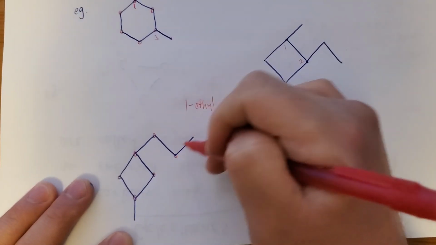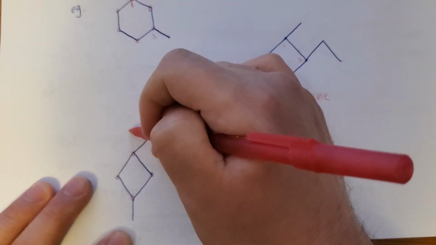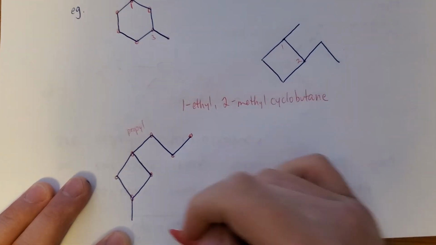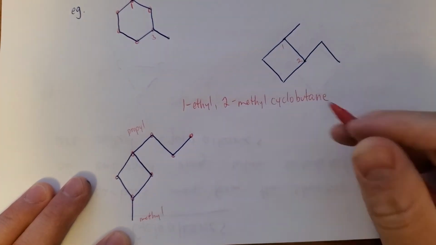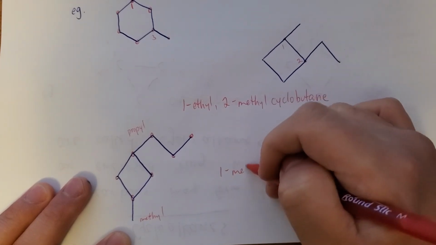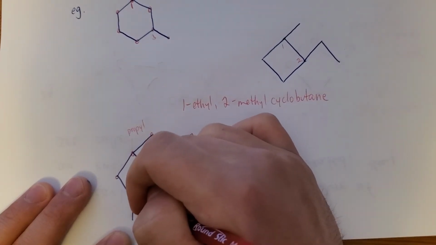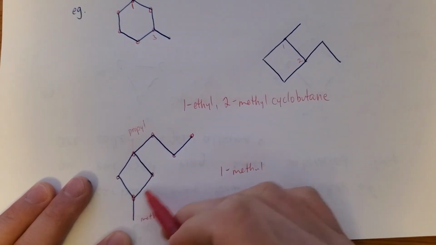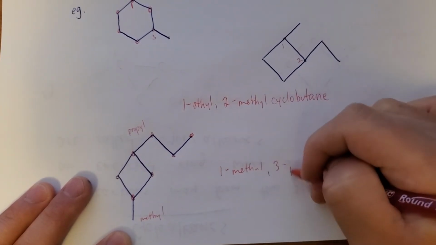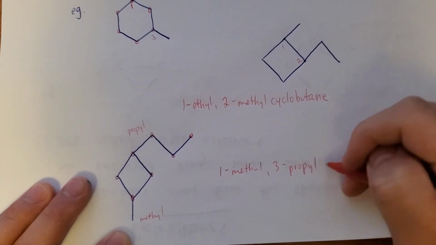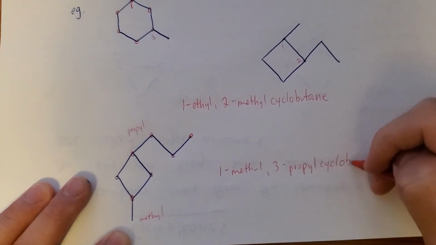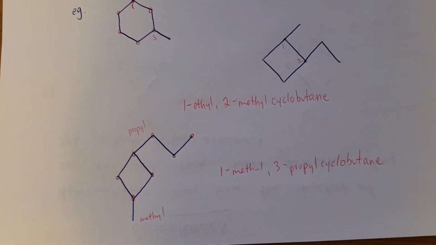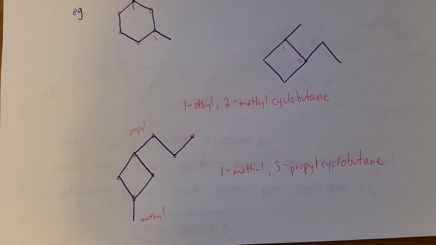This branch has 3 carbons. I said you might see 1 or 2. That's a propyl branch. So we got a propyl and a methyl. I would call this one 1-methyl. Start numbering with the lower letter, although I won't mark you wrong if you started at propyl. 1-methyl, 3-propylcyclobutane. Again, show your friends in grade 11 or your parents. They're going to think you're really smart because you are.